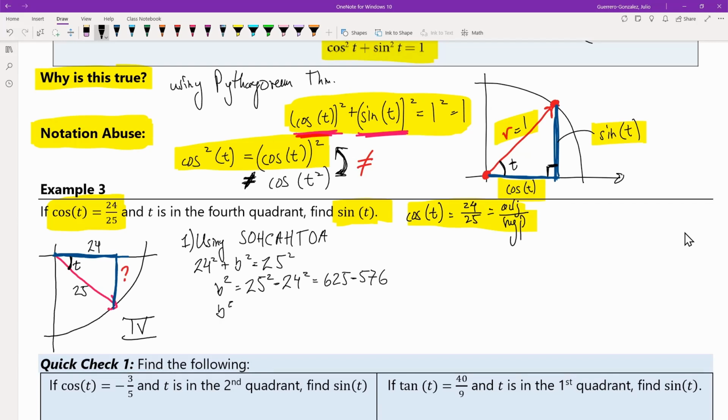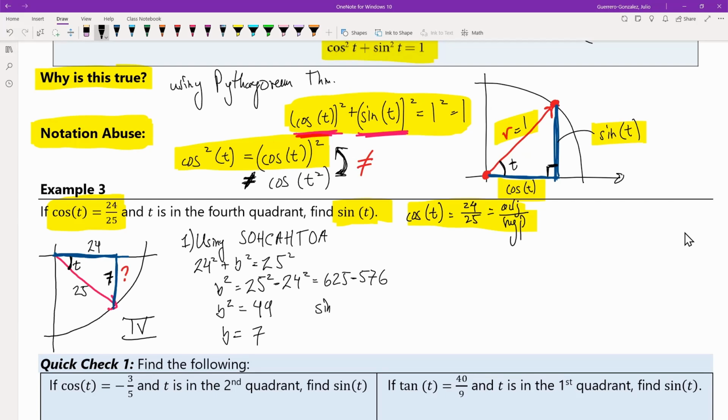B squared is going to be 49. B is equal to 7. So we found our missing side is 7. And that's it.